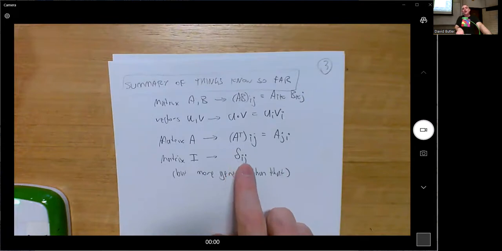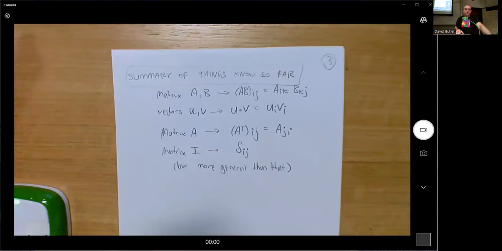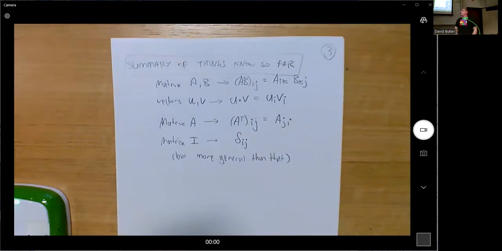When you've got delta ii, you get the answer 1. And when you've got delta ij, where i isn't equal to j, you get the answer 0. So what that means is that delta ij times a_jk is a_ik. Multiplying by the identity matrix doesn't change a matrix's entries.